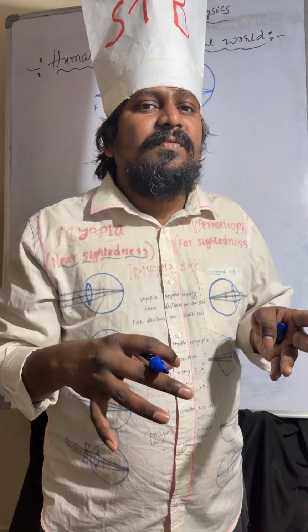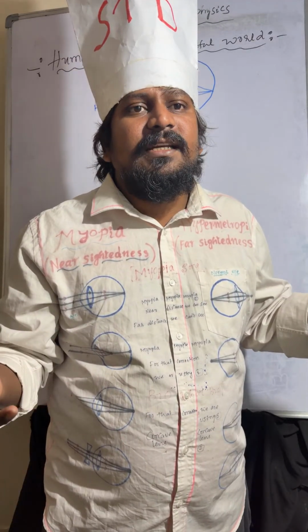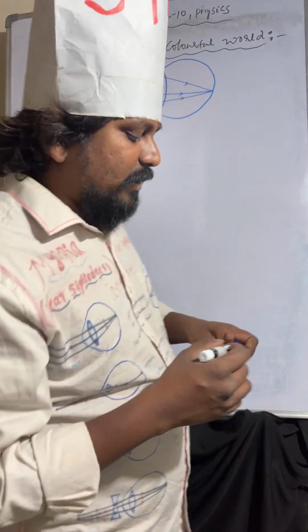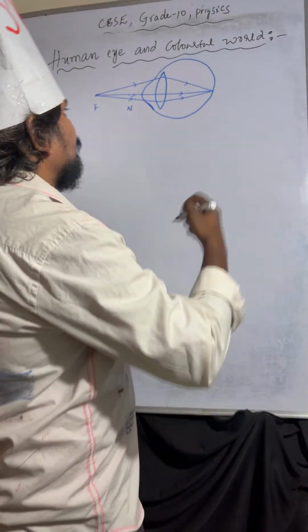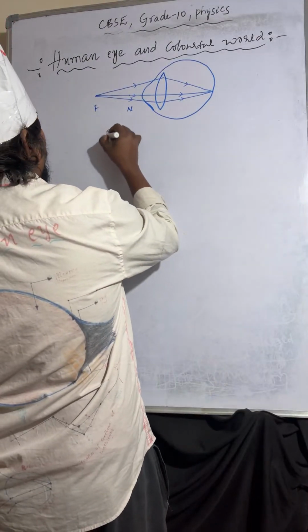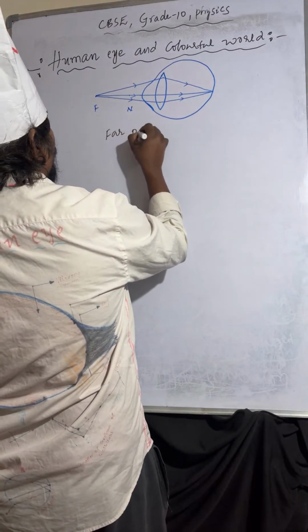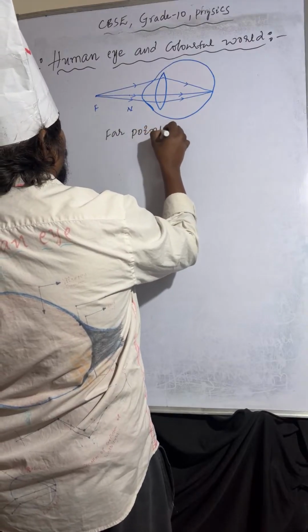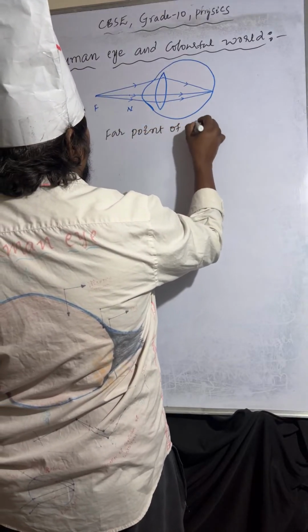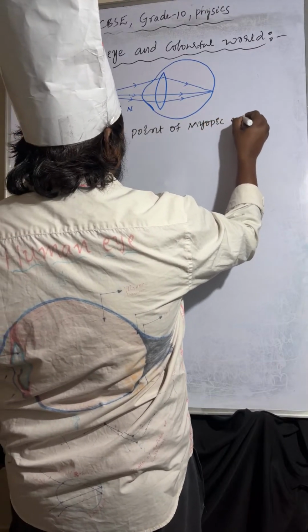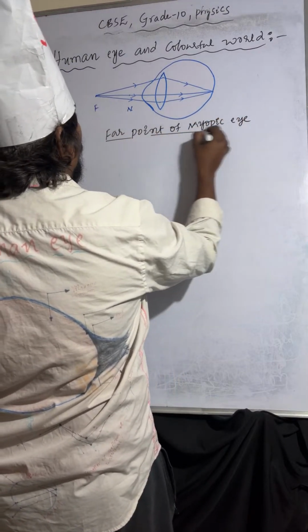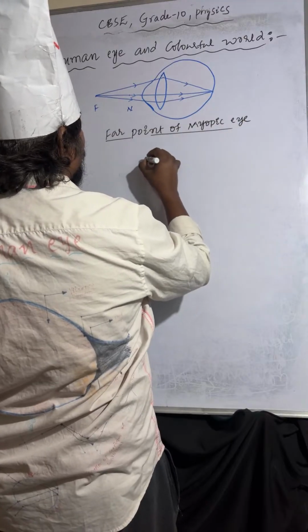If the light rays are coming from infinity, where will those light rays meet, we'll see. This is the far point of the myopic eye.